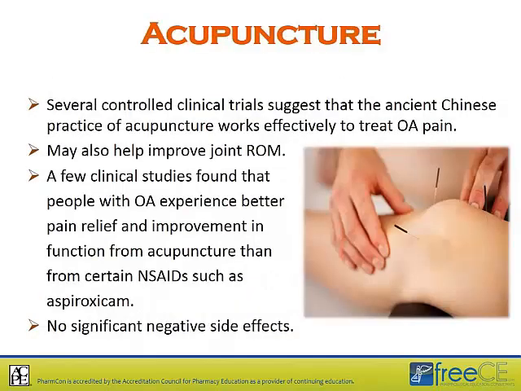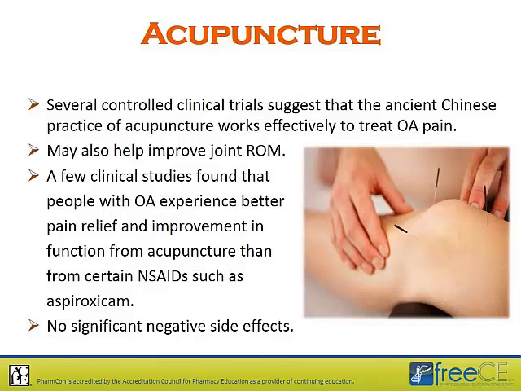Several controlled clinical trials suggest that the ancient Chinese practice of acupuncture, which is the insertion of very fine needles into so-called meridian points of the body, works effectively to treat osteoarthritic pain and possibly inflammation. Due to the decreased pain and inflammation, it may also help improve joint range of motion.